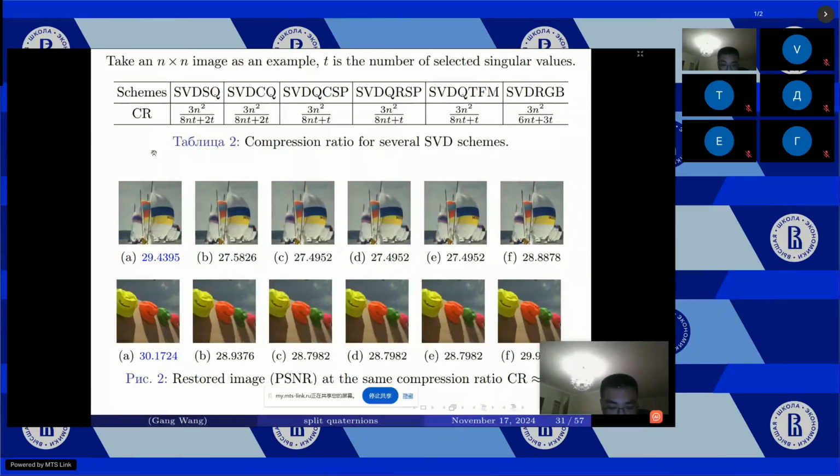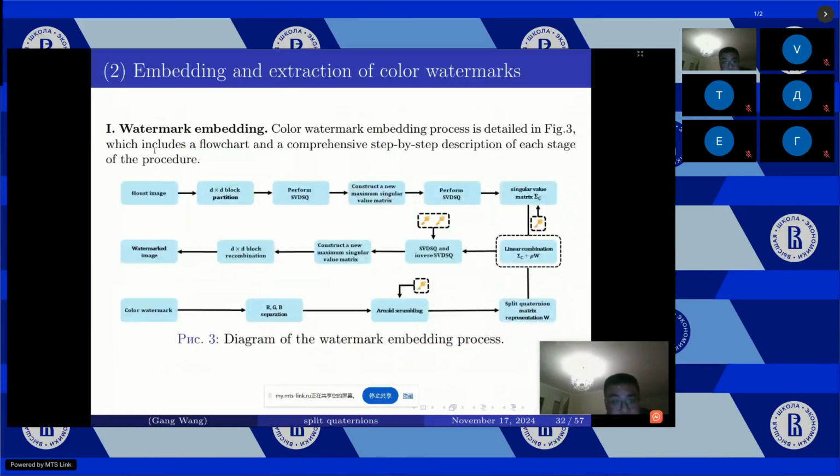Additionally, under the same compression ratio and data storage capacity, we also display the reconstructed color images and their corresponding PSNR values. Clearly, under the same experimental conditions, the SVD of split quaternion matrices demonstrates superior data compression and reconstruction advantages.